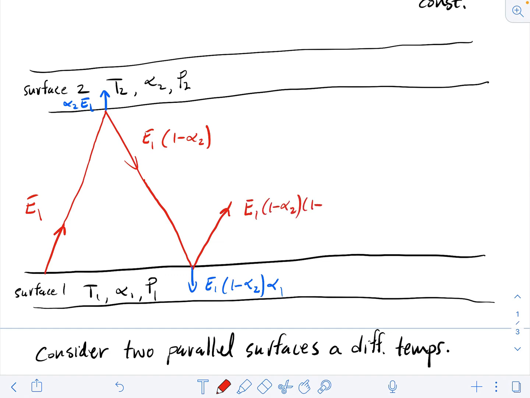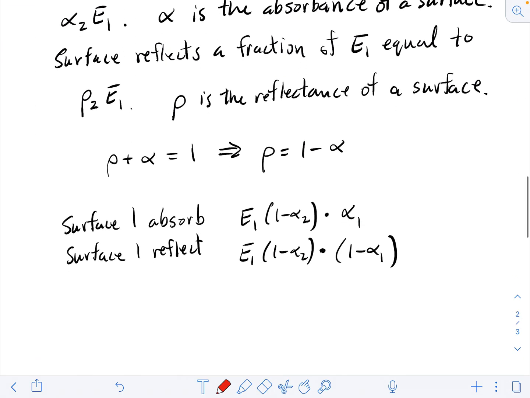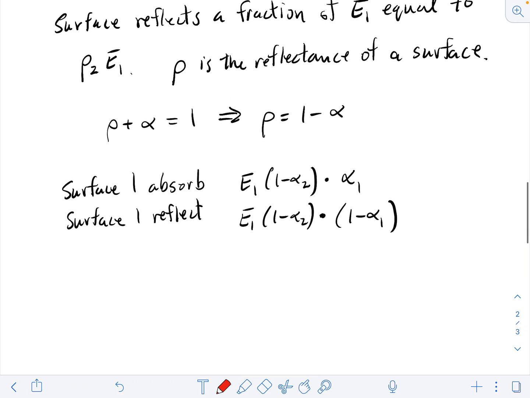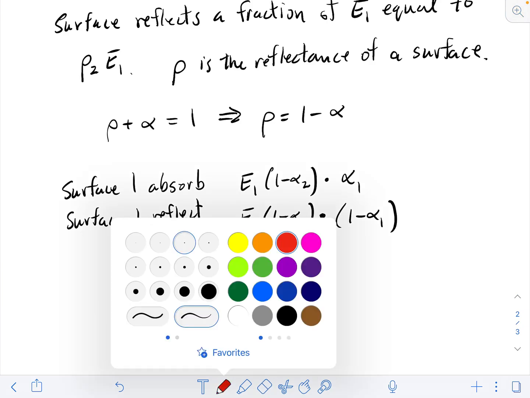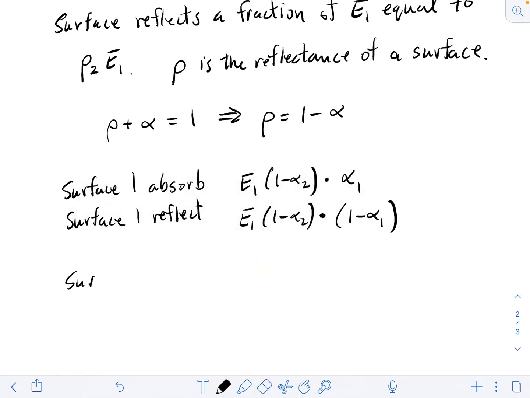And so this reflected portion is E1(1 minus alpha 2)(1 minus alpha 1). And you can see what's going to go on. This is, again, we're going to have energy back incident on surface 2. It's less energy now because we've lost some to absorption at the surfaces. But anyways, this goes on.